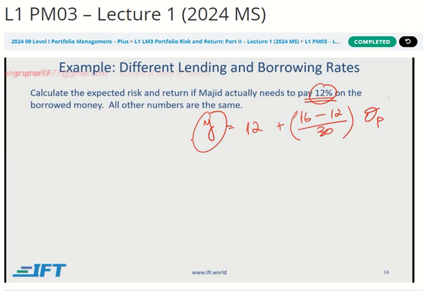Also calculate the return he would make and how much risk he's taking, which I believe should stay the same, because even before he was putting 1.5 times the money, and the standard deviation of the market hasn't changed. So the risk shouldn't change, it's the return that should change. So try and calculate this and then I'll show you the answer.